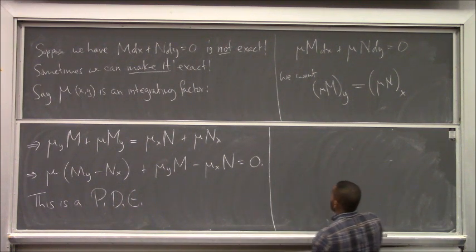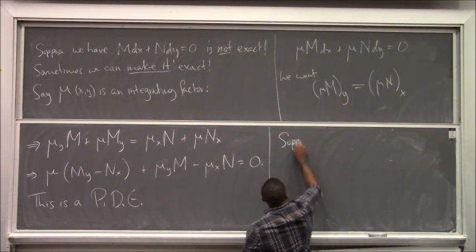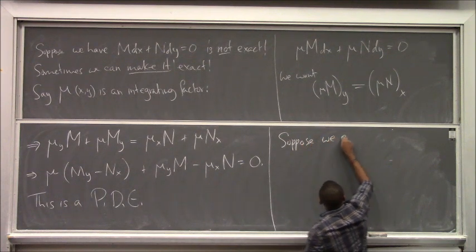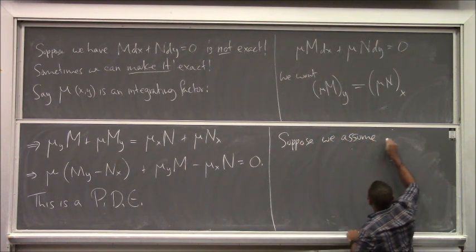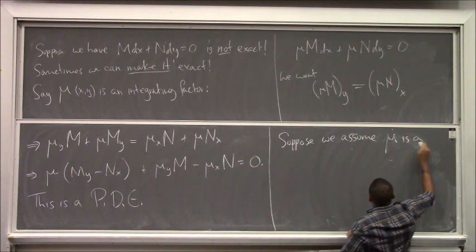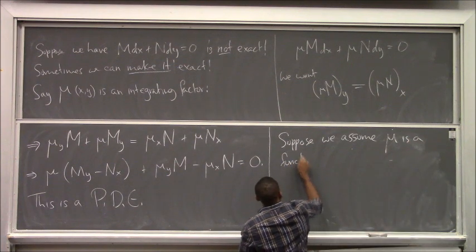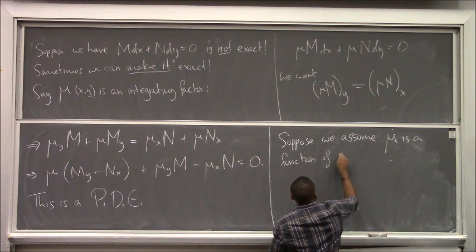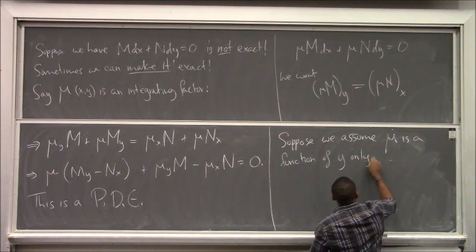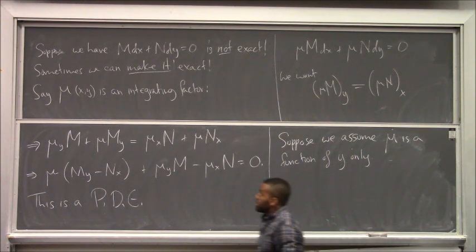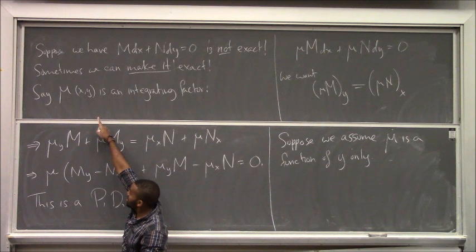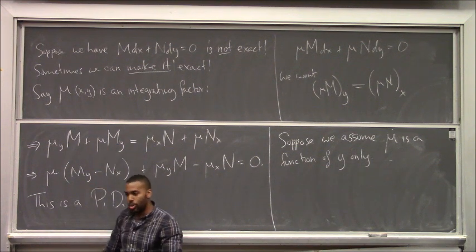So here's something. Suppose we assume mu is a function of y only. So I'm going to make the assumption that this mu, which I assumed was a function of x and y, is only a function of y. There are no x's.